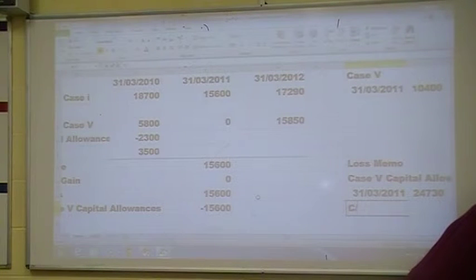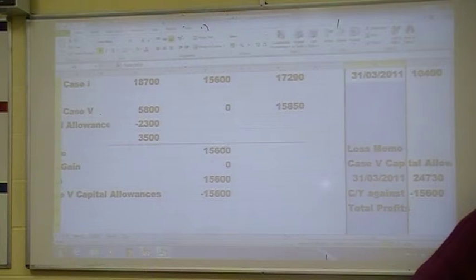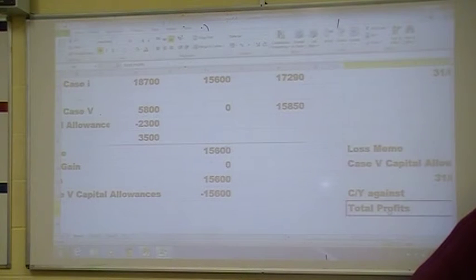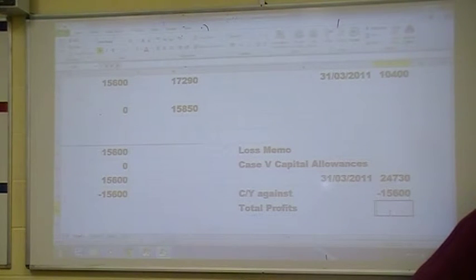Current year against total profits, which will leave us with 24,730 minus 15,600.